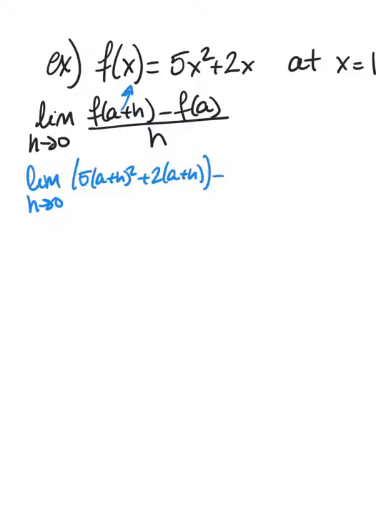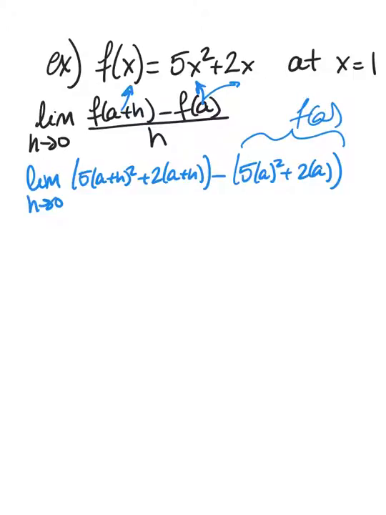Minus. Now f of a is going to go in for all the x's. So that's going to be, and I put that in parentheses, 5a^2 plus 2 times a. So this is all of f of (a plus h) on the left, and this is all of f of a here on the right, all over h.